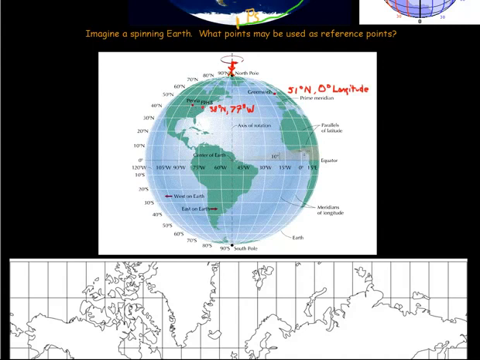If you want to find that location right there, looks like it's about 8 degrees north by 7.5, maybe 7 degrees west. Doesn't really show you the eastern hemisphere all that well, but we could actually say that point right there.